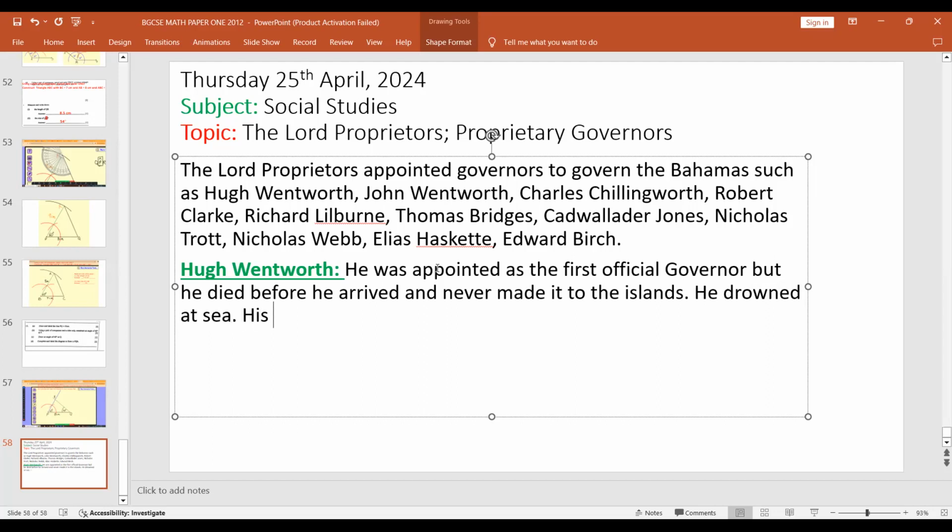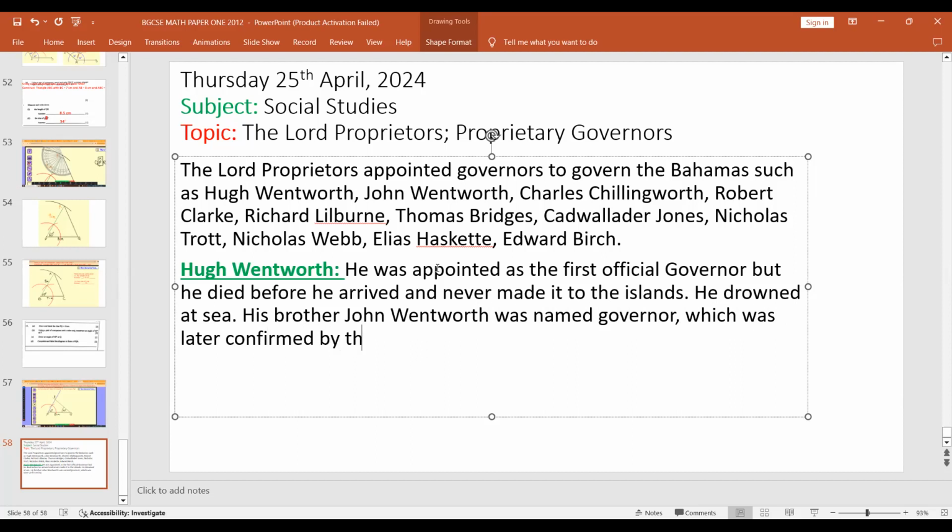His brother, however, John Wentworth, was named governor, which was later confirmed by the Lord Proprietors.